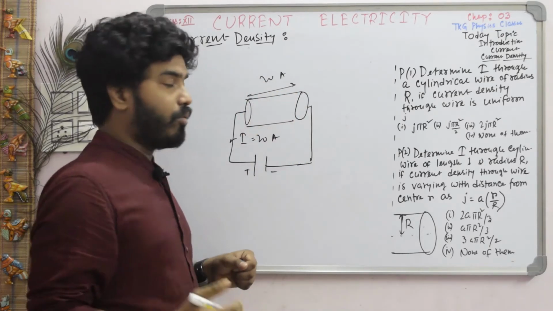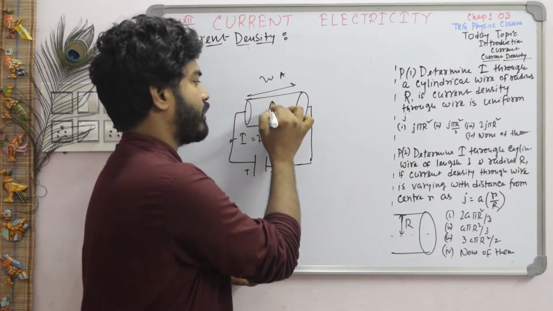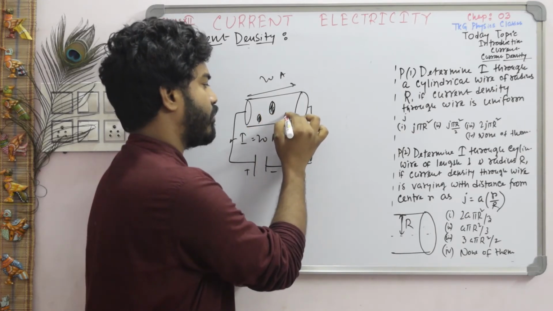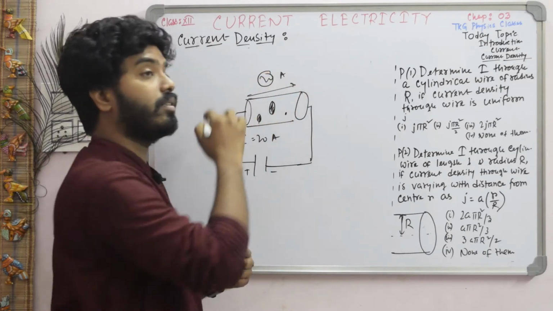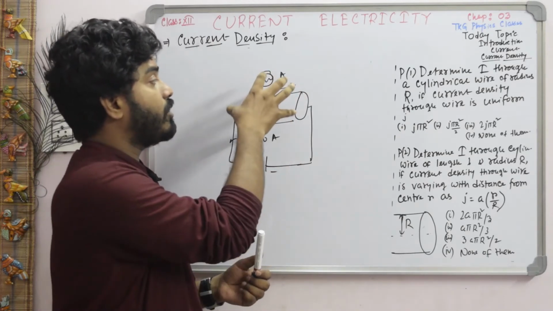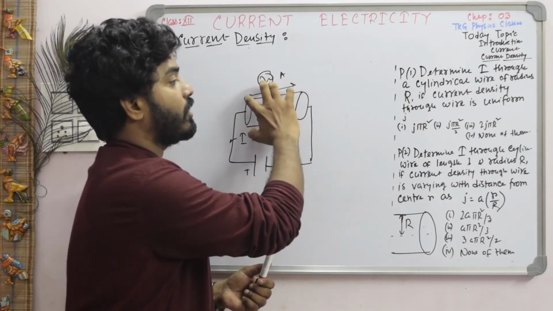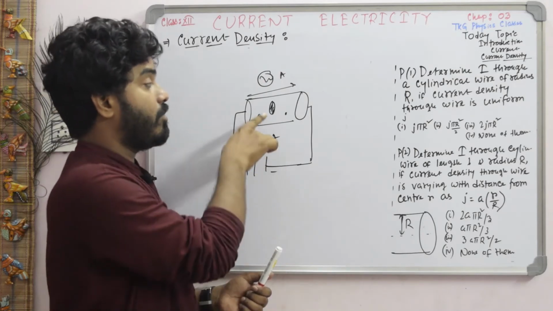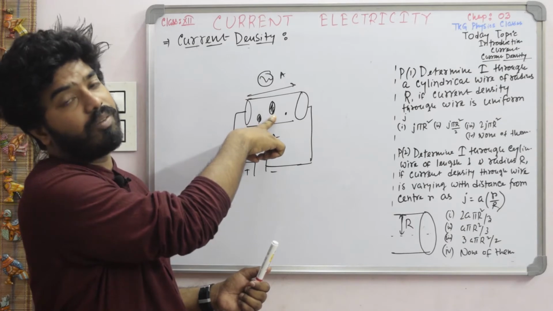Now, if I ask a question: what is the current flowing through this cross section? The answer is not always 20. The 20 ampere amount of current flows through this conductor, but when we ask about the current flowing through another cross section, the current value will be different.